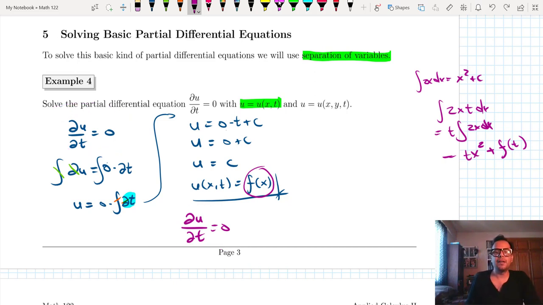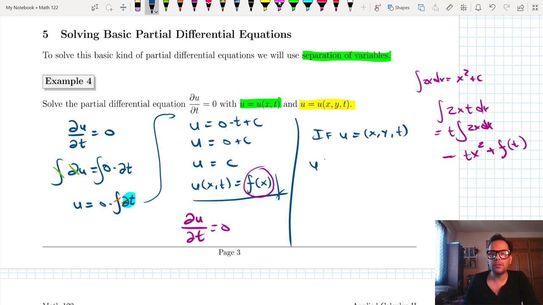Okay, so now let's assume, on the other hand, that this function depends not only on x and t. If u is some function that depends on x, y, and t, the solution will be the same. U of x, y, t equals some f of x and y, because in this case the integration was done only with respect to t.